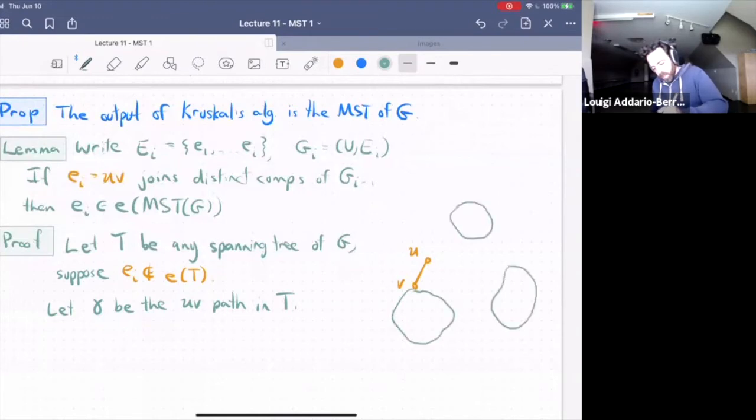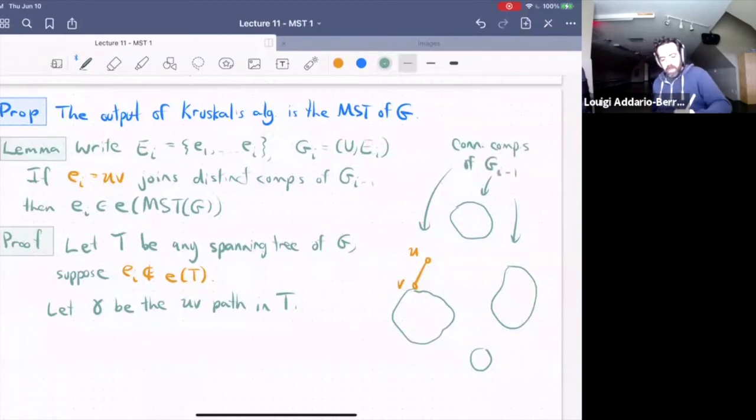These blobs I'm drawing are the connected components of GI minus 1, right? Because I know that this edge EI joined distinct connected components of GI minus 1. So here's 2 of those components, and then there can be some more, right?